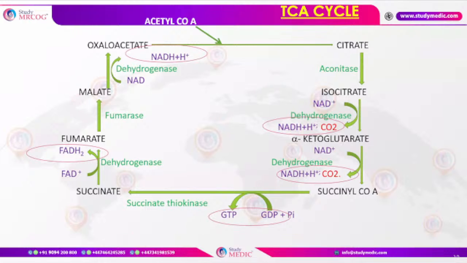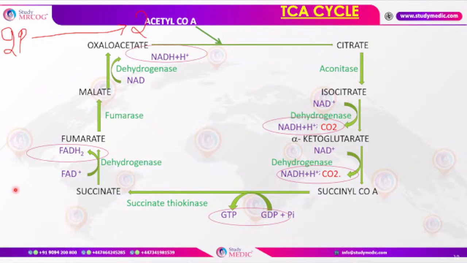Now, how many ATPs? The pyruvate is converting to acetyl-CoA. In glycolysis, from 1 carbohydrate, that is glucose, we got 2 pyruvate. Now these 2 pyruvate will form 2 acetyl-CoA. From 1 acetyl-CoA, we are getting 3 NADH, 1 FADH2 and 1 GTP.